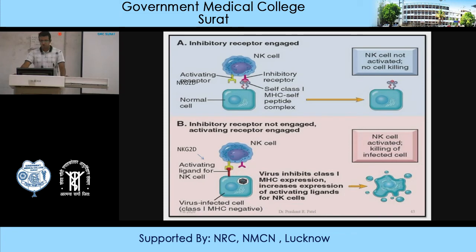So the NK cell is not activated. But what happens when this MHC class 1 molecule presents foreign antigen? So when these cells have a foreign antigen, then it binds with activating ligand, and the NK cell is activated, and these infected cells undergo apoptosis, and thus it induces the killing of infected cells. So this is how the NK cell works.